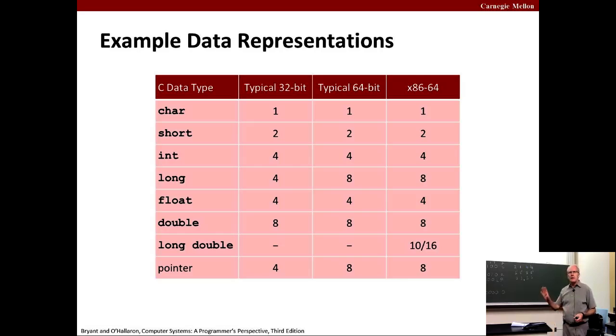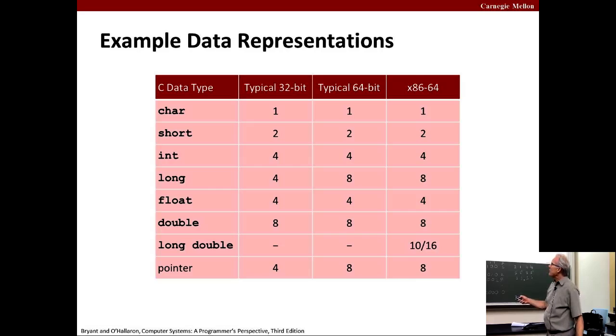And over time, that's expanded from 16 to 32 to now 64. And so C, rather than saying in advance how many bytes every value will have, has these slightly ambiguous terms that vary from one machine to the next. And if you're a very careful C programmer, you have to anticipate that. But what we'll deal with is x86-64, the class of machines we'll be working with exclusively this term.